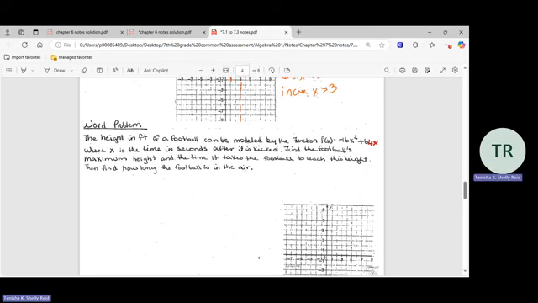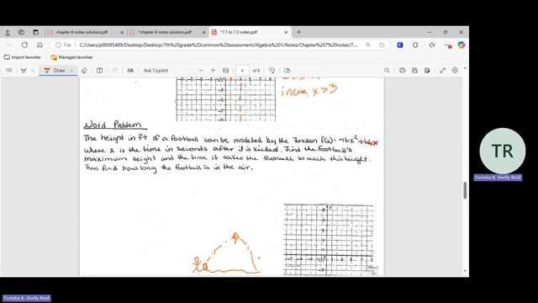The football gets kicked, the ball goes in the air, reaches a maximum height, and then comes back down and hits the ground. All right.